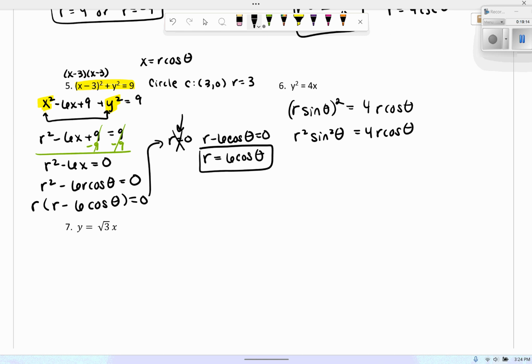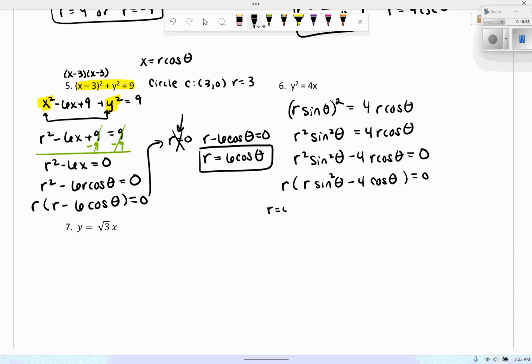So what we could do is set this equal to 0 and factor out the r. So this would be r squared sine squared theta minus 4r cosine theta equals 0. So this would be r times r sine squared theta minus 4 cosine theta equals 0.